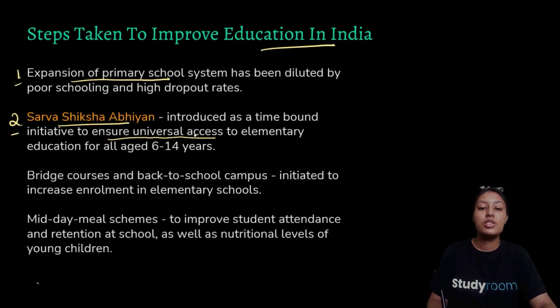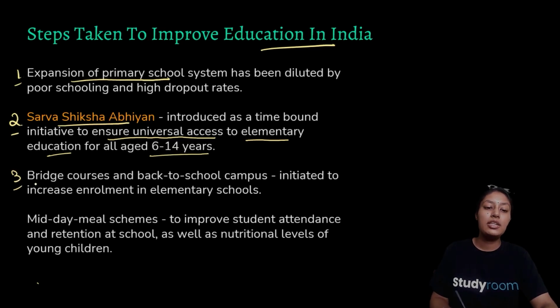So it's universal access. In Sarva Shiksha Abhiyan, universal access has been ensured to elementary education for all ages 6 to 14 years. For 6 to 14 years, in many government schools, education is free of cost.